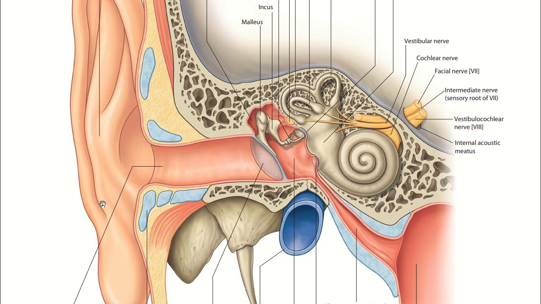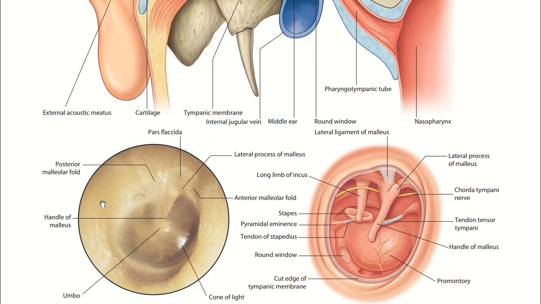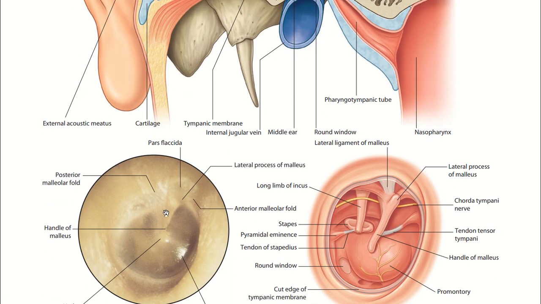Let's take a look at the tympanic membrane. That is your eardrum, right? It is a membrane that separates the external ear from the internal ear, right? And then if you are to look at it, it's going to look like this. You're going to have the tympanic membrane being attached to the end of the malleus.